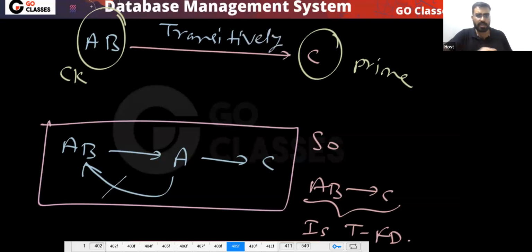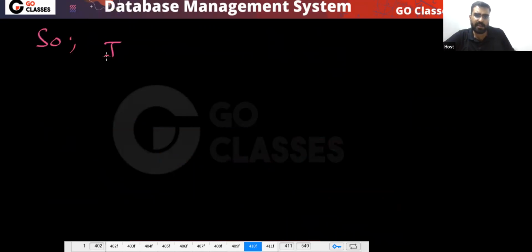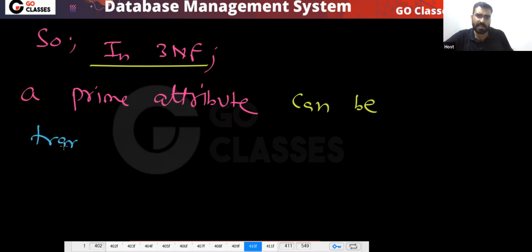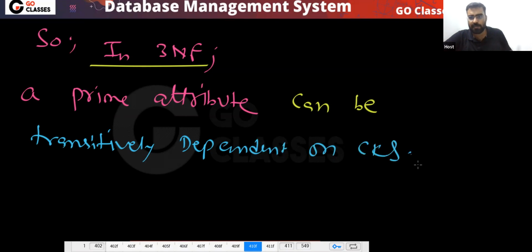This is what I'm saying: in 3NF, a prime attribute can be transitively dependent on candidate keys.